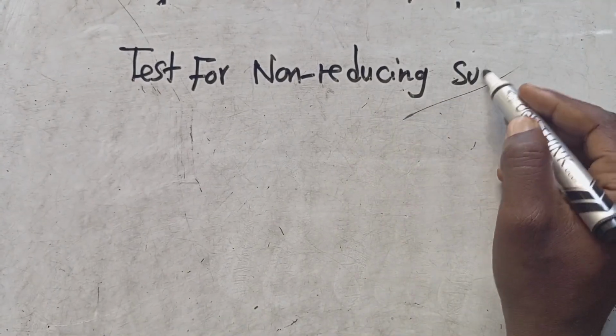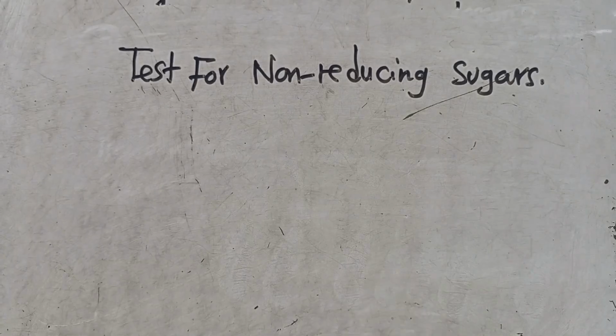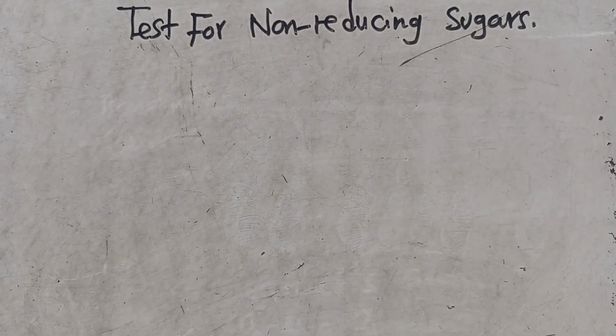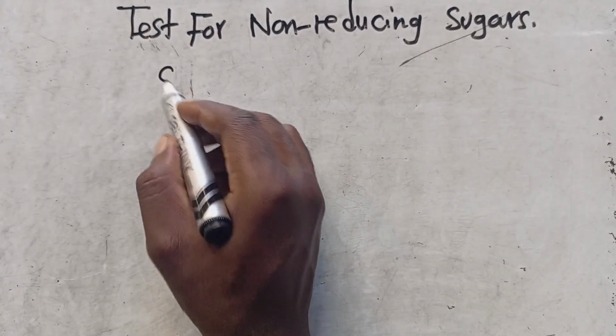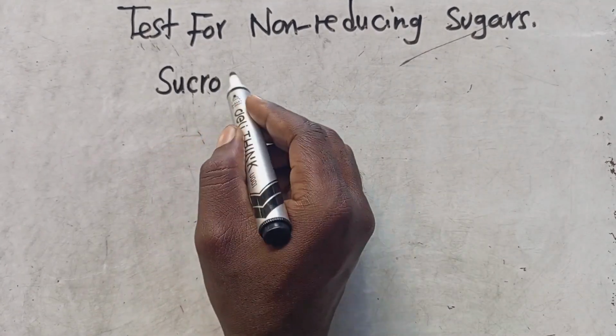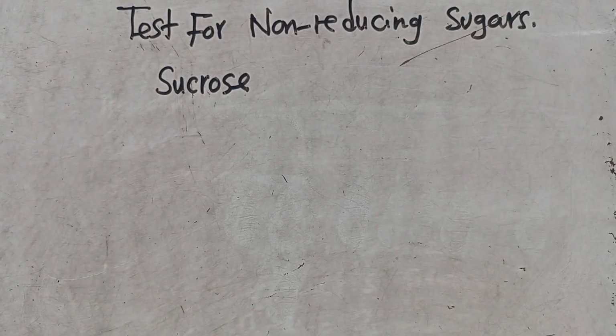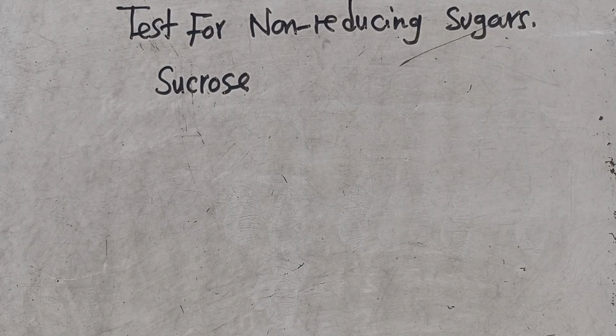To test for non-reducing sugars, such as sucrose, you can use a two-step process involving hydrolysis followed by the Benedict test. Non-reducing sugars do not react with Benedict solution directly, so they must first be broken down into their constituent reducing sugars.